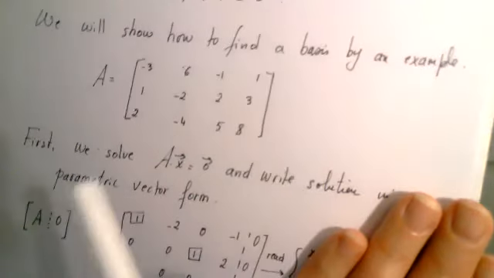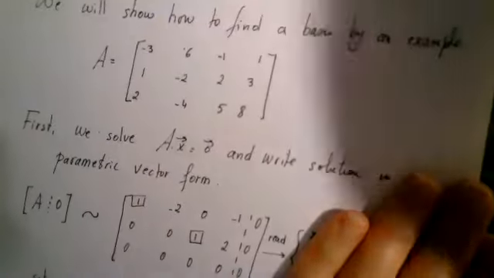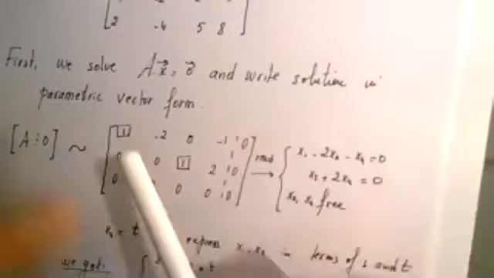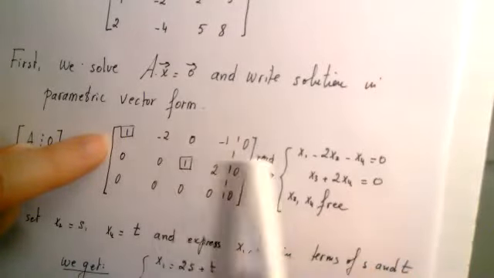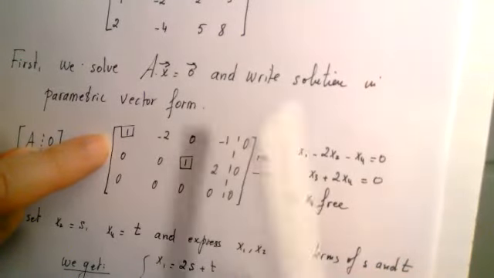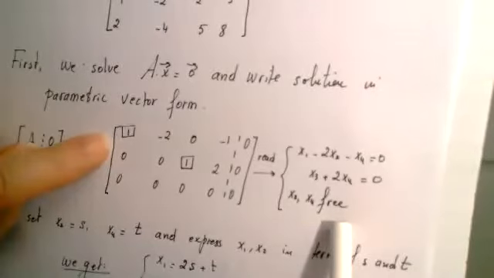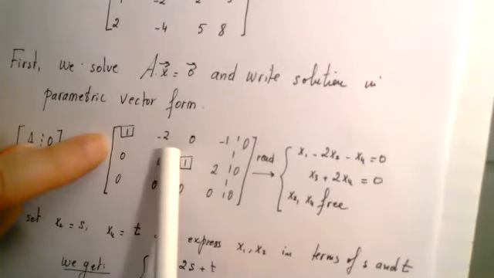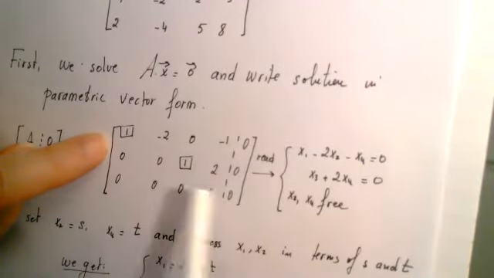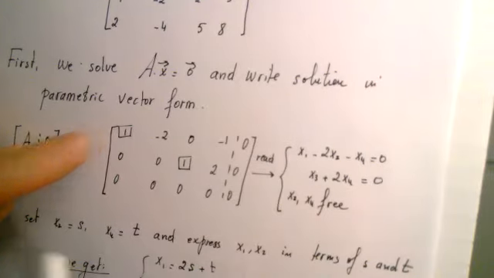Always ask yourself where your vector lives. Actually, I have 4 components here. Now we write the system that corresponds to this echelon form. x2, x4 are free. The first equation gives x1 minus 2x2 minus x4 equal to 0, and x3 plus 2x4 equal to 0.